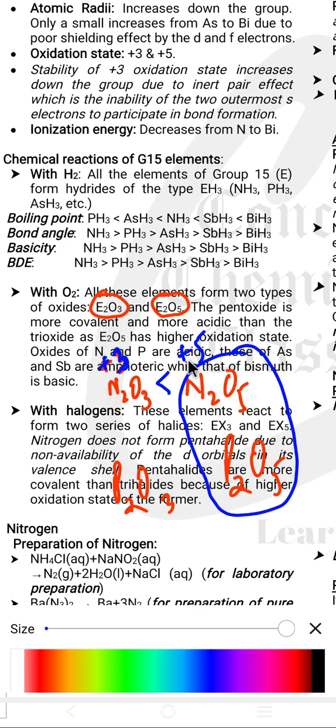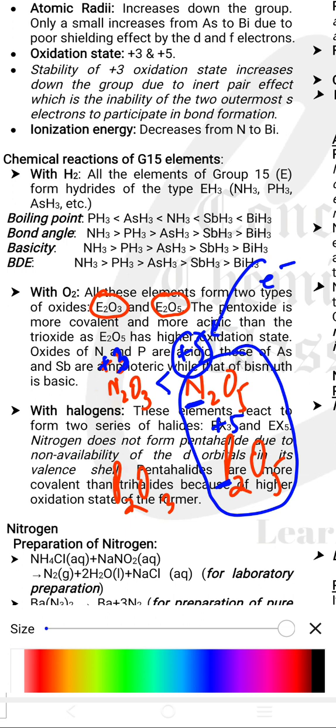Okay, now what if I want to compare the acidic nature of these two pentoxides? In N2O5 nitrogen has +5 oxidation state, while in P2O5 phosphorus also has +5 oxidation state. So between these two pentoxides, which one will have more acidic as well as more covalent nature? That depends upon the electronegativity of nitrogen and phosphorus. Nitrogen has higher electronegativity than phosphorus, so this N+5 will have higher tendency to accept electrons.